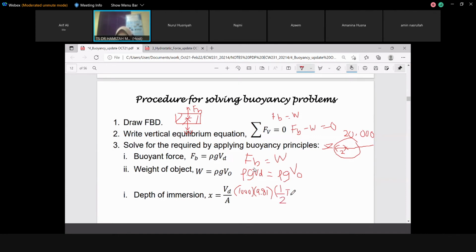Pi r squared 4. Okay, and then this is the density I entered earlier. It must be the density of this aluminium object.